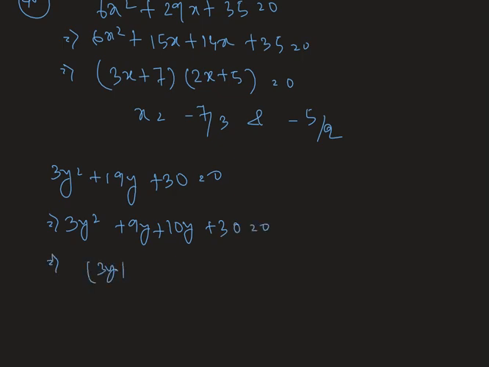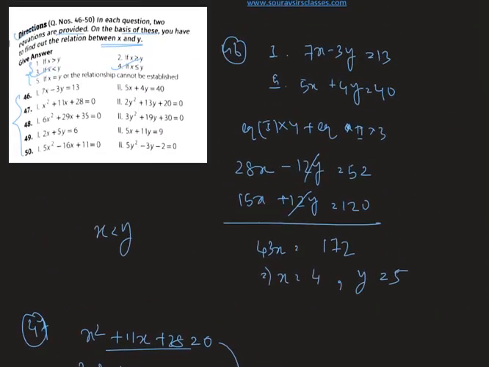Therefore we get 3y plus 10 multiplied by y plus 3 equals 0. Hence y is minus 3 and minus 10 by 3. So from this we get x is strictly greater than y. Therefore option 1 is correct for this question.